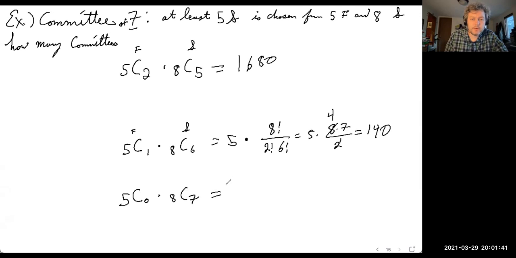5 choose 0. Anything choose 0 is just 1. And then 8 choose 7. Notice this is a difference of 1. So 8 choose 7 is just going to be 8. So there's just 8 ways that that can happen. Now we just need to add them up to find out how many ways.